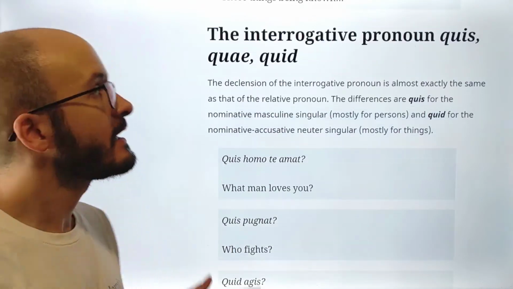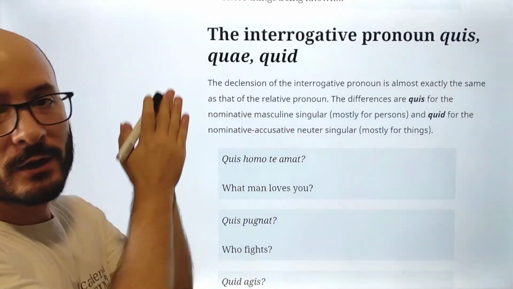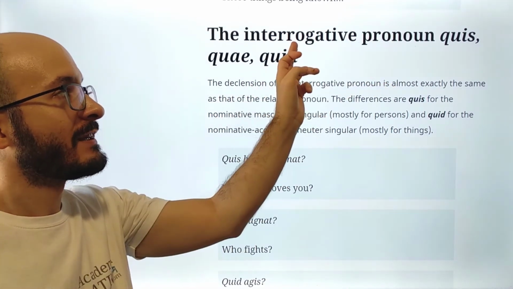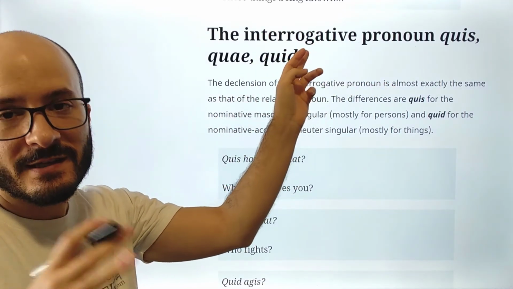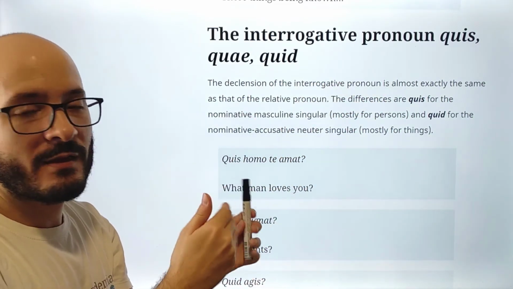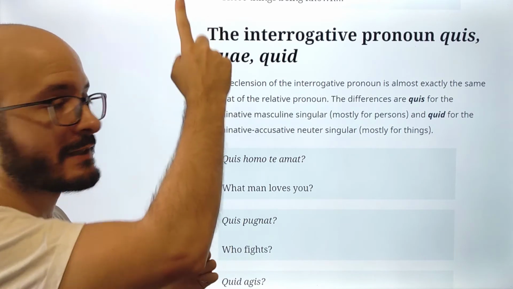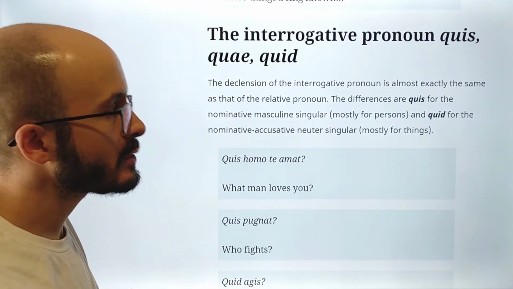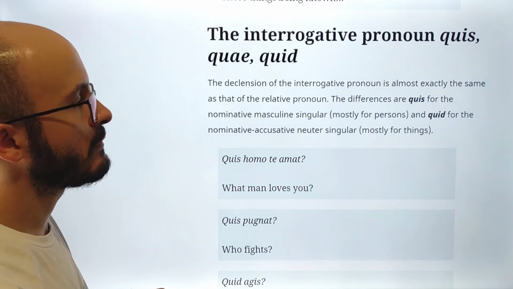And finally, the interrogative pronoun quis, quae, quid. And of course, this is also a pronoun, but it's not a relative, it's an interrogative. We just study it now because it's almost the same table that we studied at the beginning, okay? So the declension of the interrogative pronoun is almost exactly the same as that of the relative pronoun.